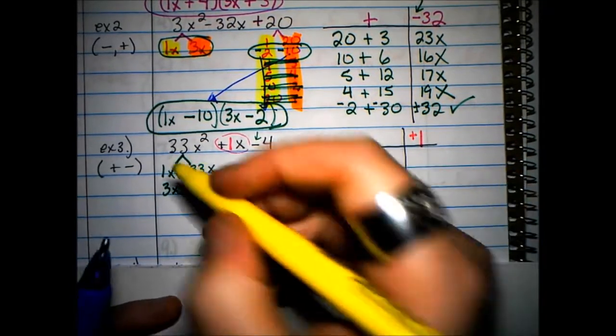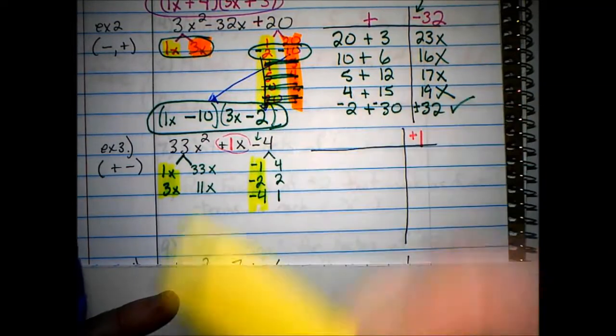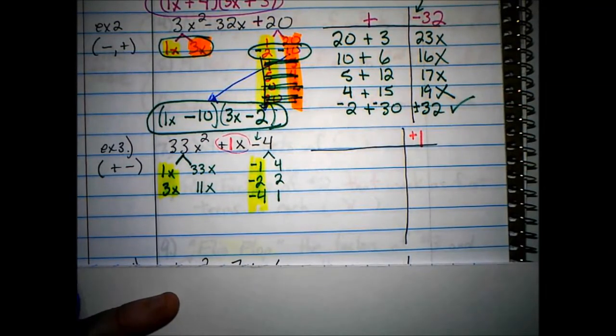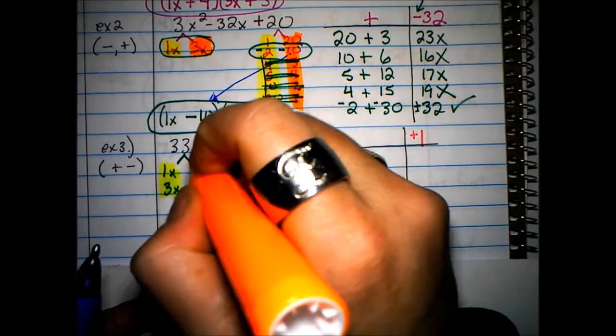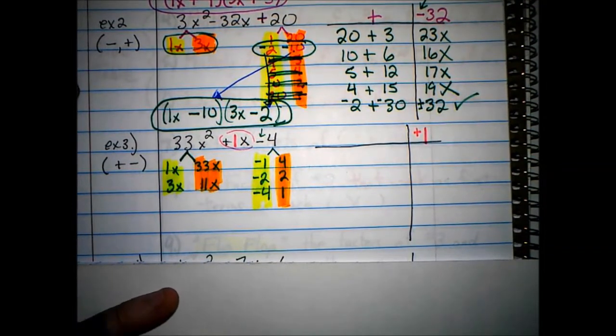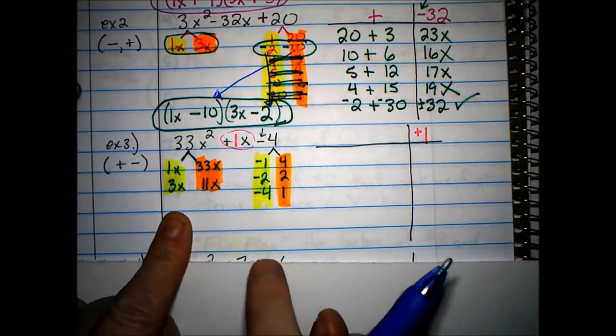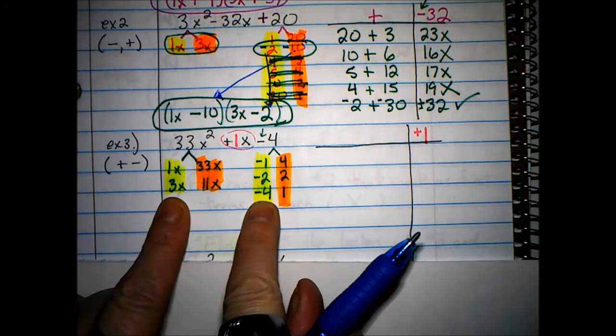Alright, I'm going to highlight. My first column's yellow, and my second columns are going to be my orange, so that I can keep my column straight on what I'm multiplying. And if I take the first columns, I'm going to start at the bottom again.